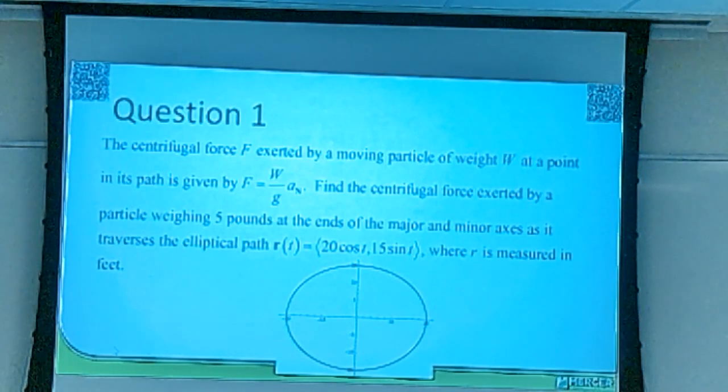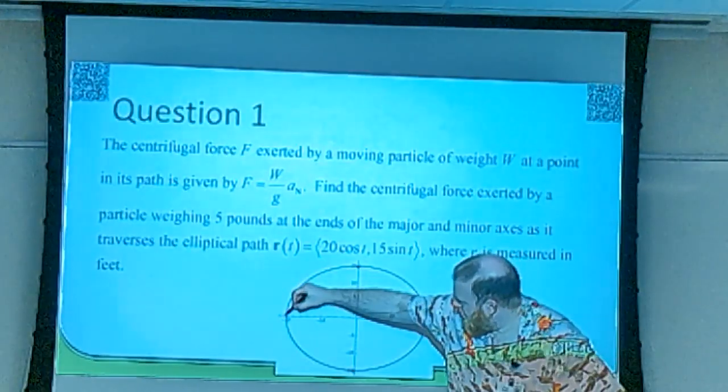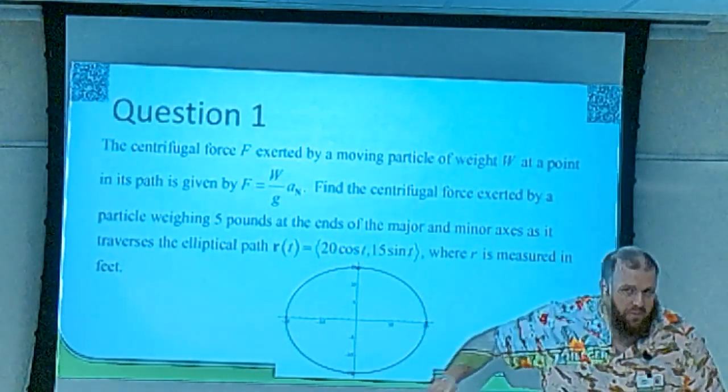What we're looking for are those 4 points, on the ends of the major and minor axes. Those 4 points right there.